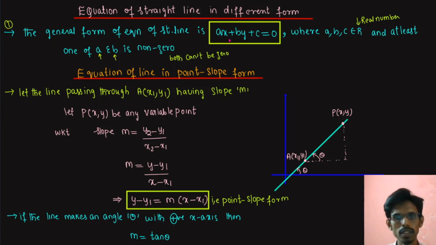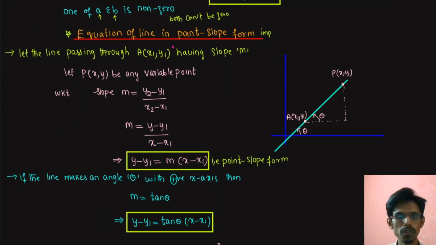Now that is the general form of the equation, ax plus by plus c equal to 0. Now let us see this very important equation. This one is very important, that is the equation of line in point slope form. So one point will be available and its slope will be available.